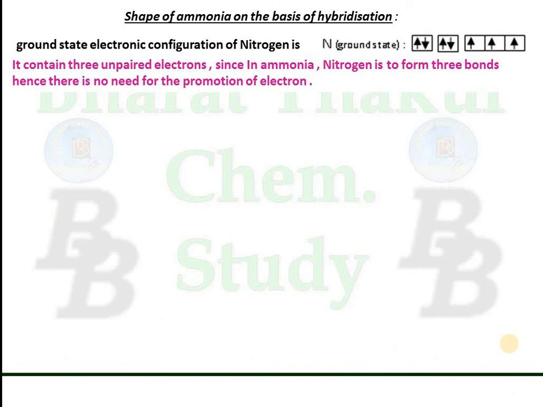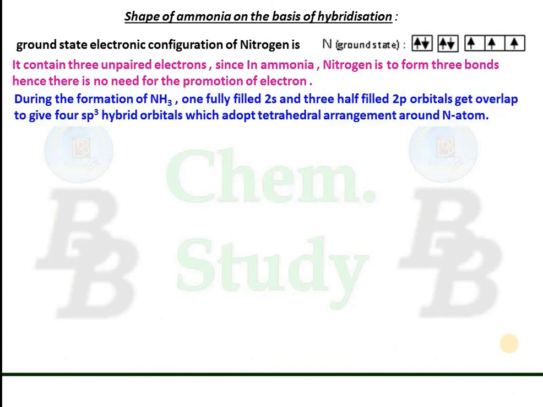So one fully filled 2s and 3 half-filled p orbitals will undergo hybridization to give 4 sp3 hybrid orbitals, which adopt tetrahedral arrangement around the nitrogen atom like this.